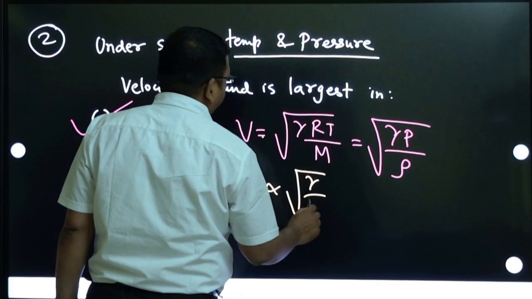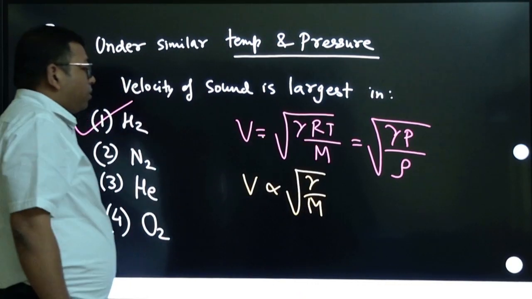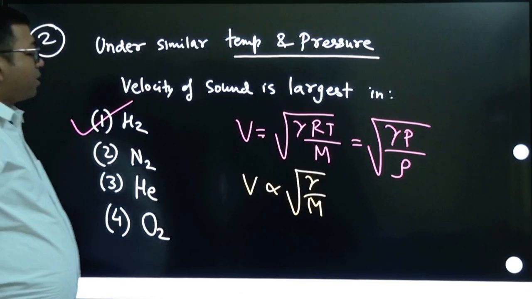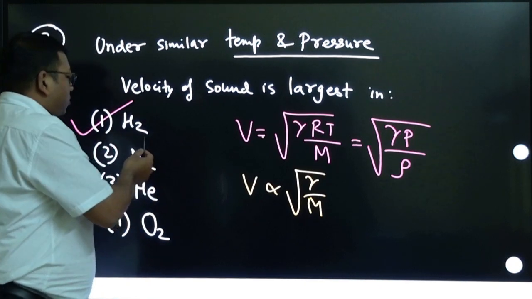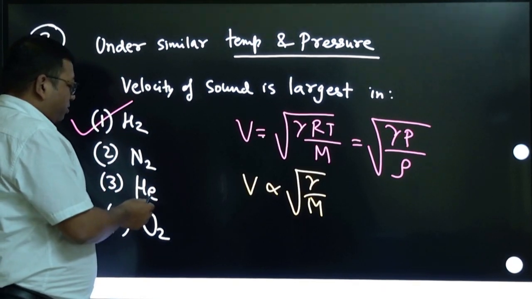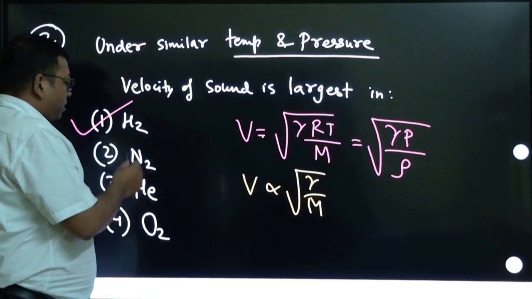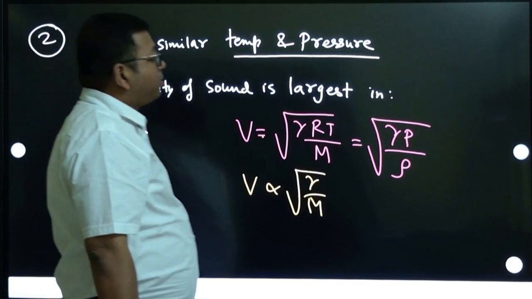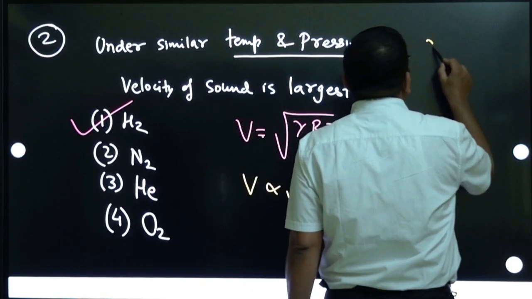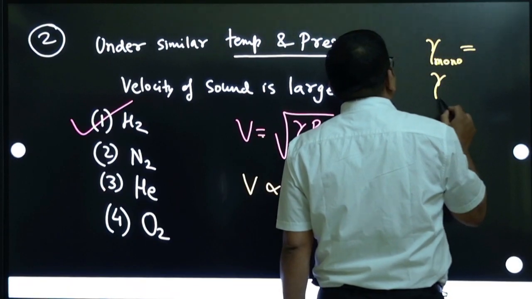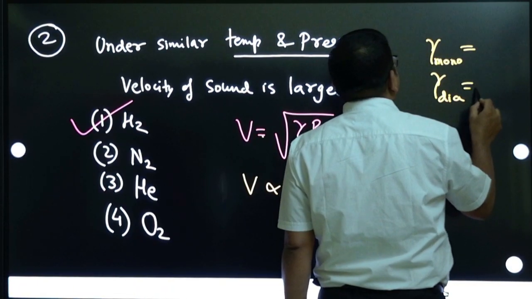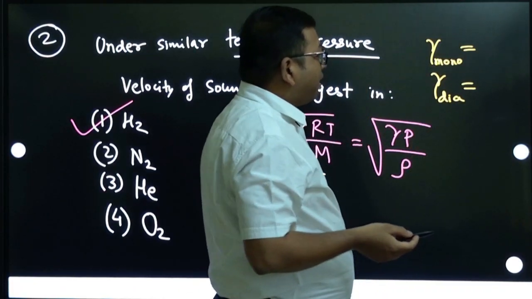So gamma you need to consider here. The gases are monatomic and diatomic also. Monatomic is helium, others are diatomic. So what is the gamma value for monatomic and for diatomic? It is 1 plus 2 by f, right?